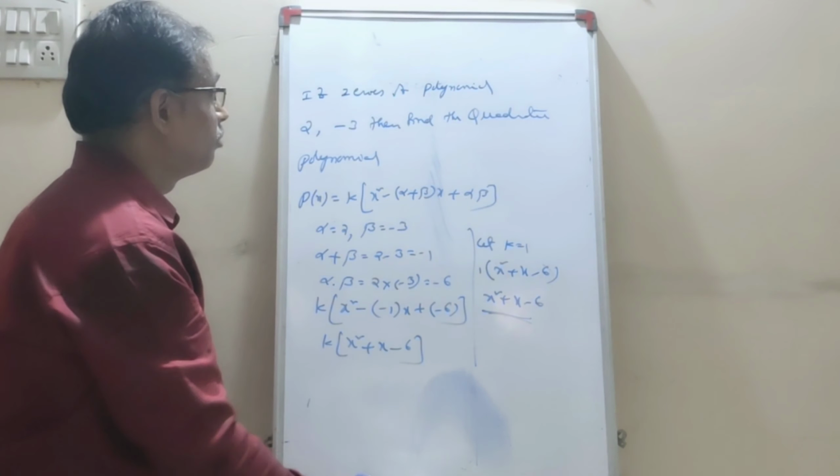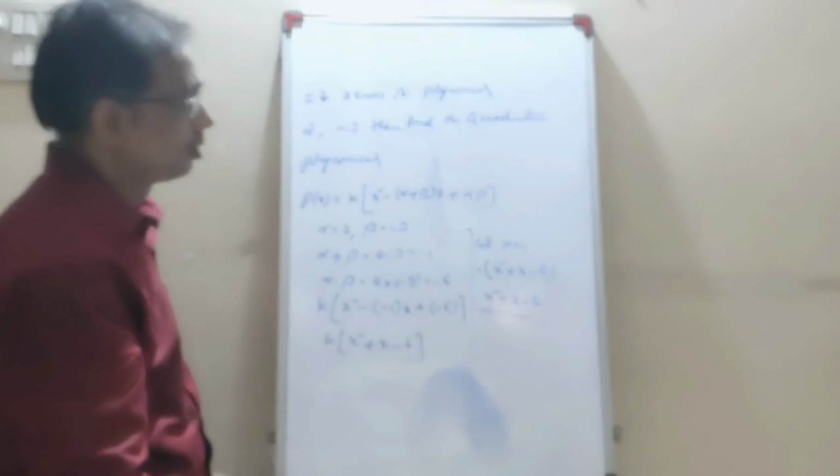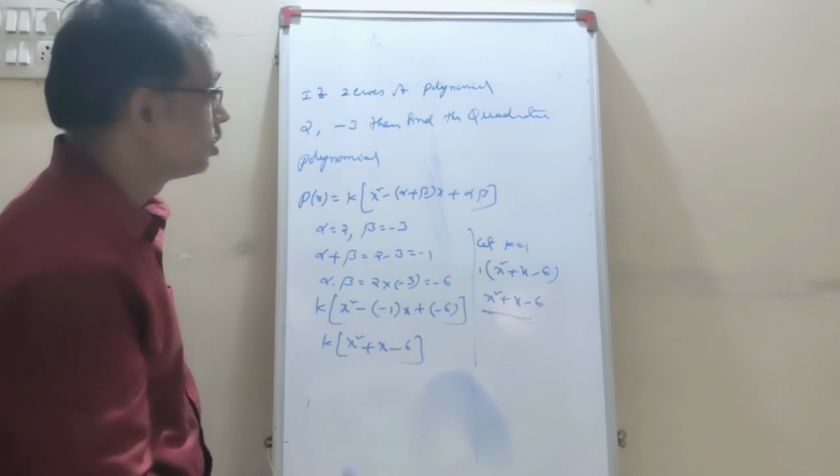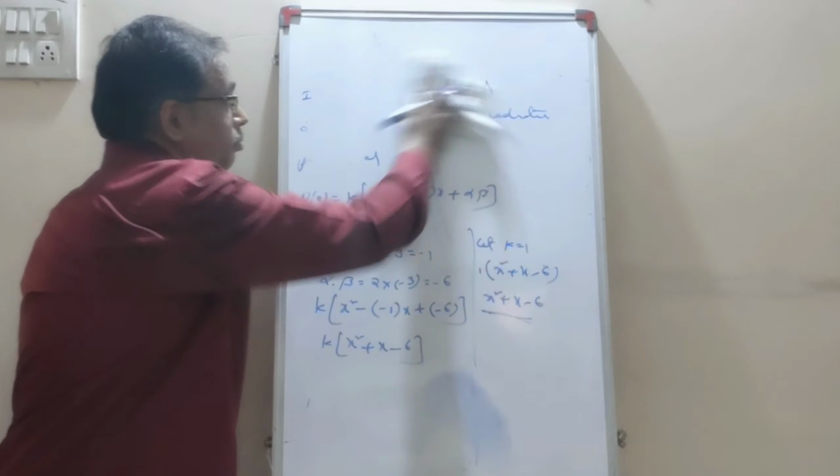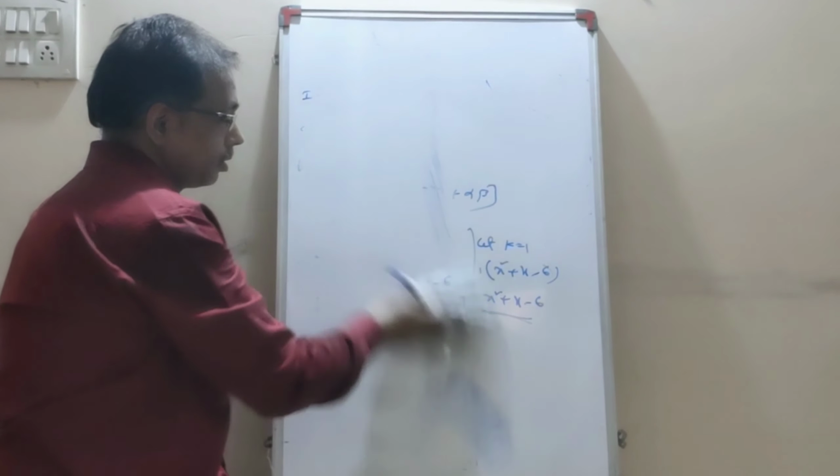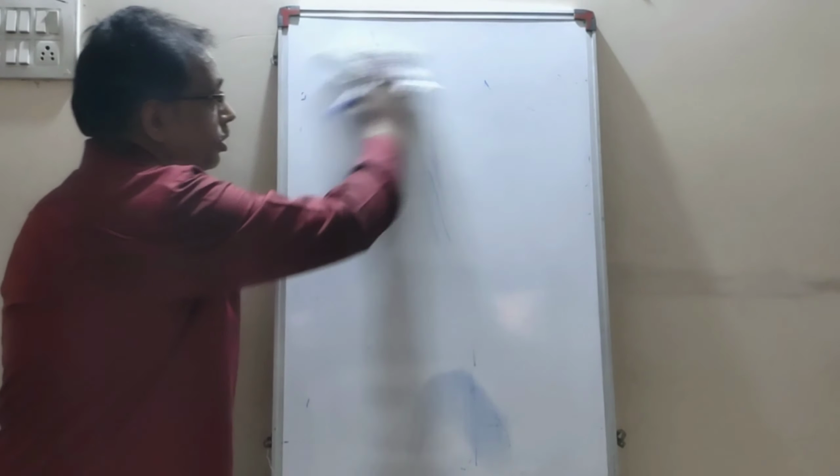Okay. Sometimes they will give the sum of the zeros and the product of the zeros. Then they will ask to find the polynomial. So in that case also we have some important terms.